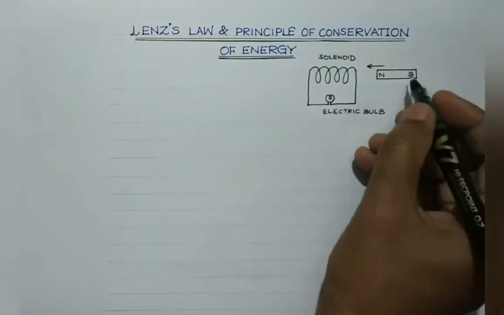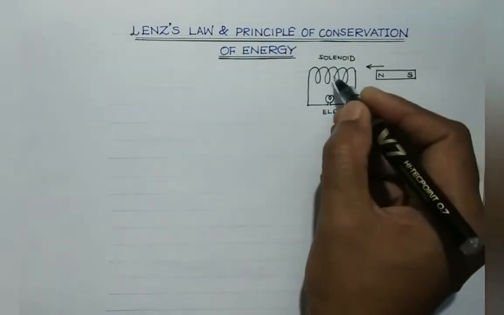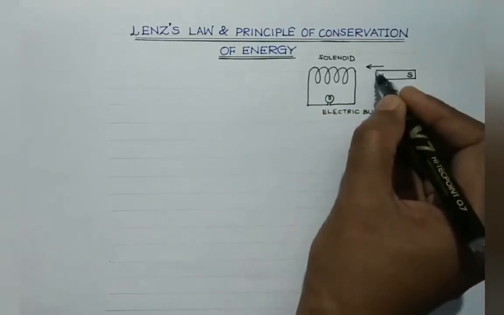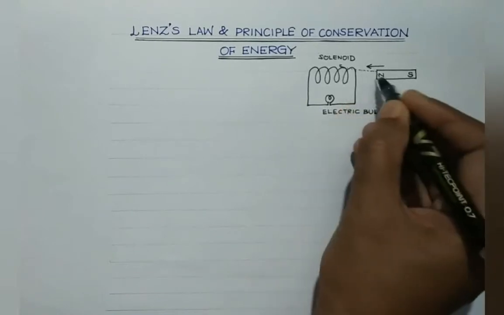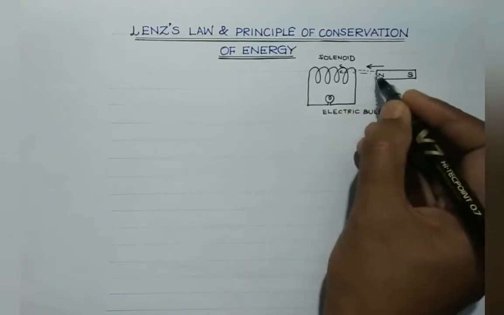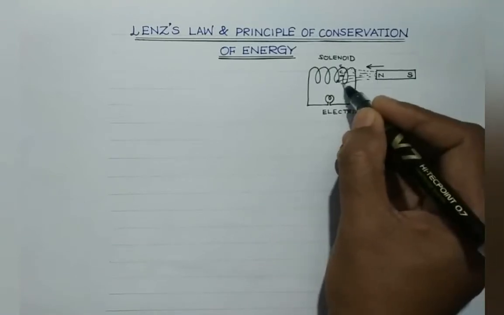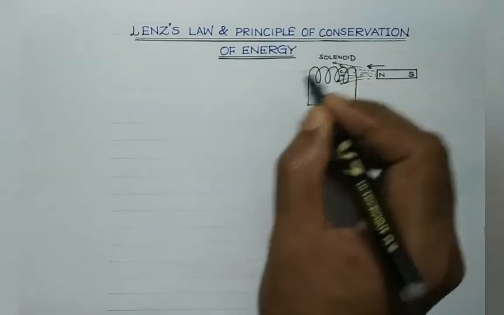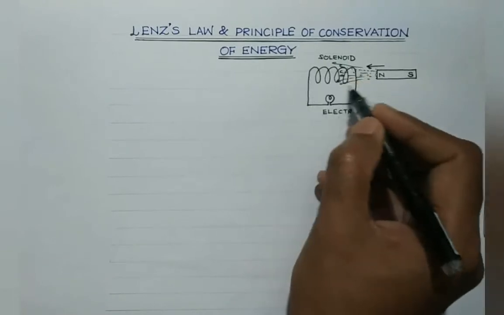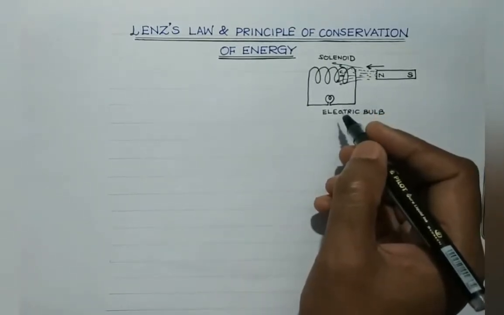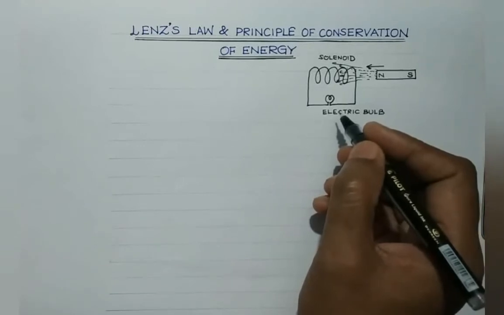Obviously, as the magnet is brought closer to the stationary solenoid, the magnetic field lines linked with the solenoid will keep on increasing, isn't it? So due to the increase in the magnetic flux linked with the solenoid, an induced current or induced EMF will be produced in the solenoid, right?